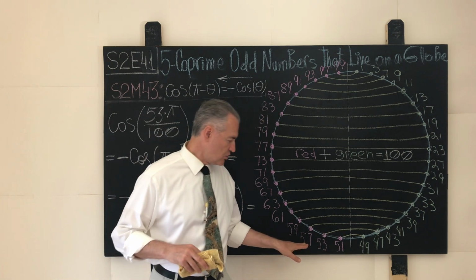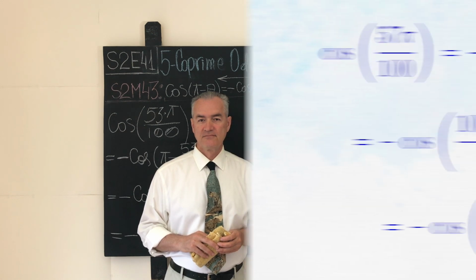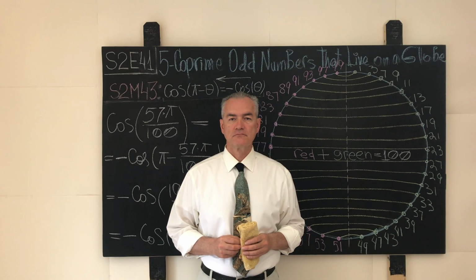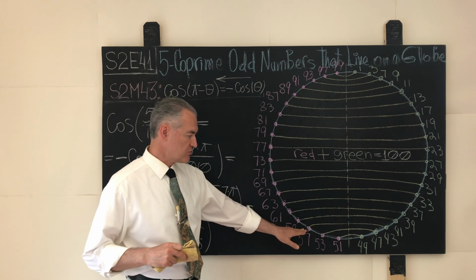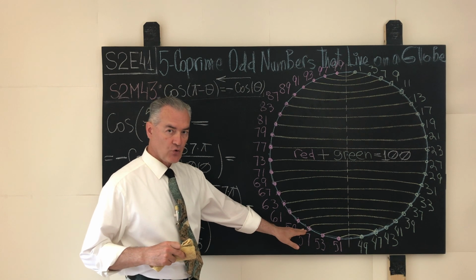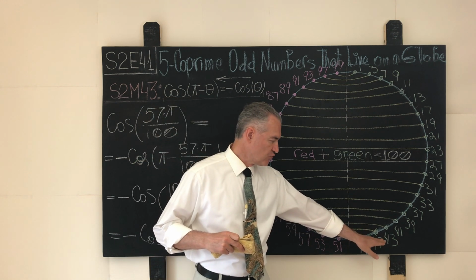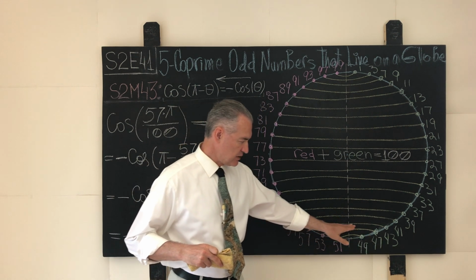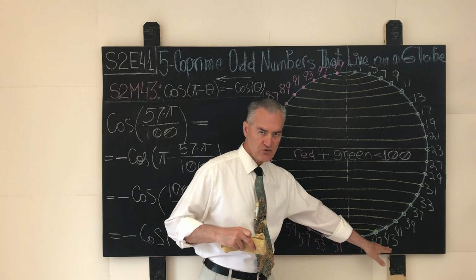Next, we compute the cosine of the next red number, which is 57. The next red number, 57 times pi over 100, lives on our trigonometric planet on the same yellow parallel that it shares with the green number 43 times pi over 100, again scaled by pi divided by 100.